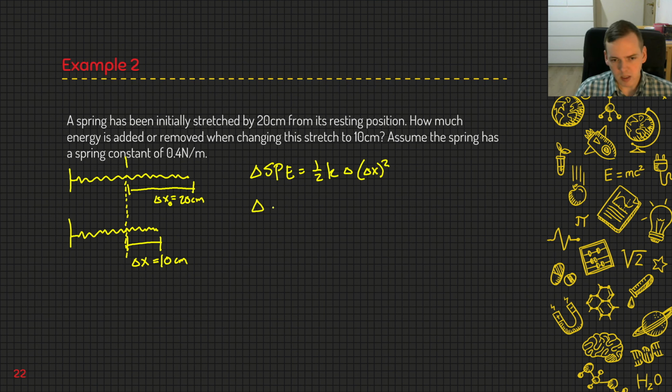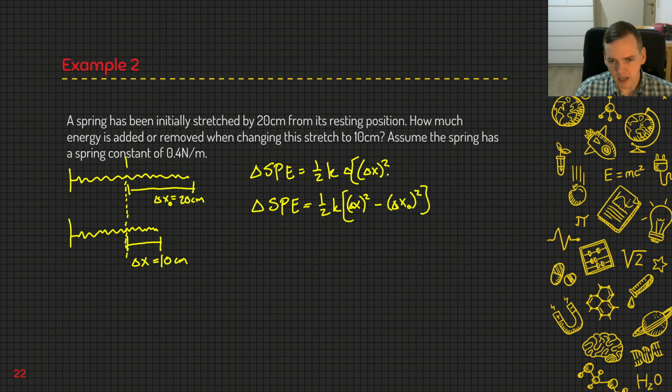So this is equal to 1/2 k times the delta x final squared minus the delta x initial squared.